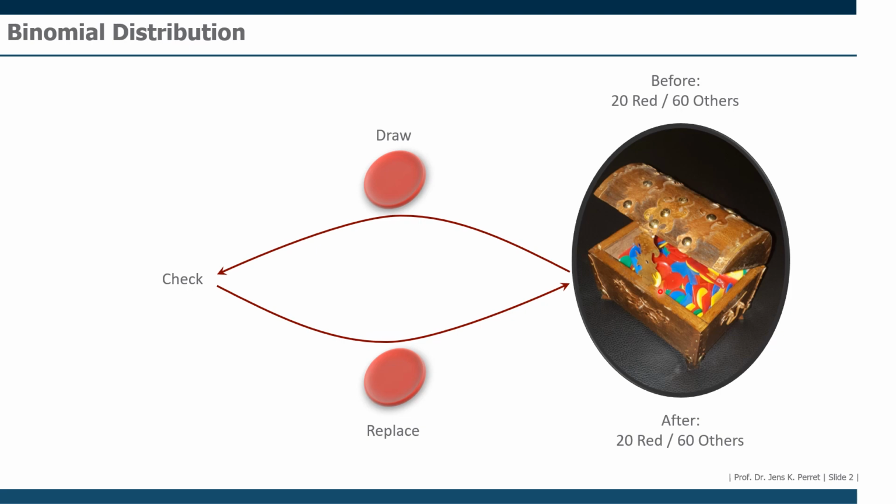Another alternative to recognize whether we are talking about a binomial distribution is by taking a look at the relations here, at the probability of drawing one red chip. Here it's 30 to 90, so 1 in 3 chips is red. Here it's again 1 in 3 chips is red.